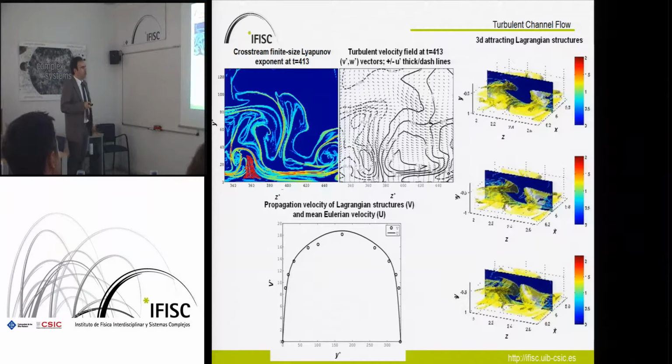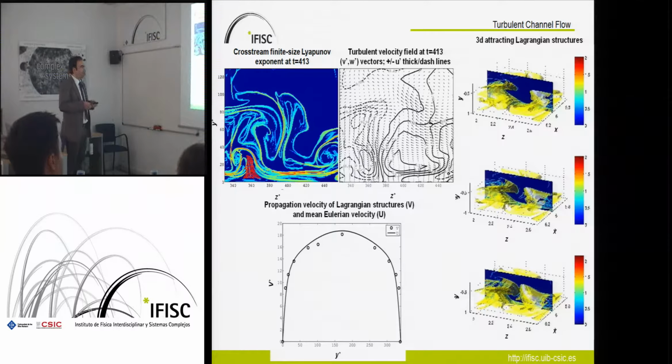And so finally, when we look at the three-dimensional ridges of the field, first we observe that they have a very complex shape, and the most striking feature is that they seem to form a boundary between a region with very low FSLE, here in this blue part of the transverse map, and below the structures, which is maybe a little hard to see, we have all this kind of high FSLE lines.